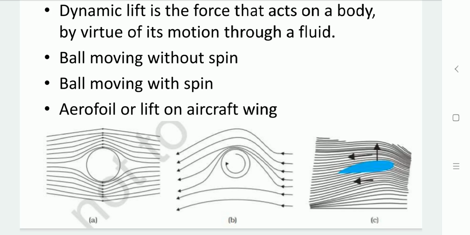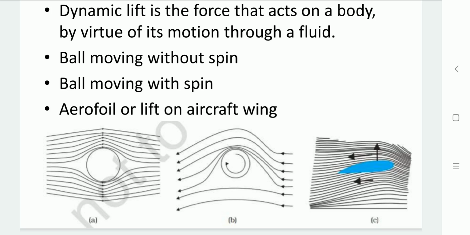The third case is the aerofoil, a solid piece shaped to provide upward dynamic lift as it moves horizontally through the air. The cross section of the wing of an aeroplane looks like an aerofoil with streamlines around it.